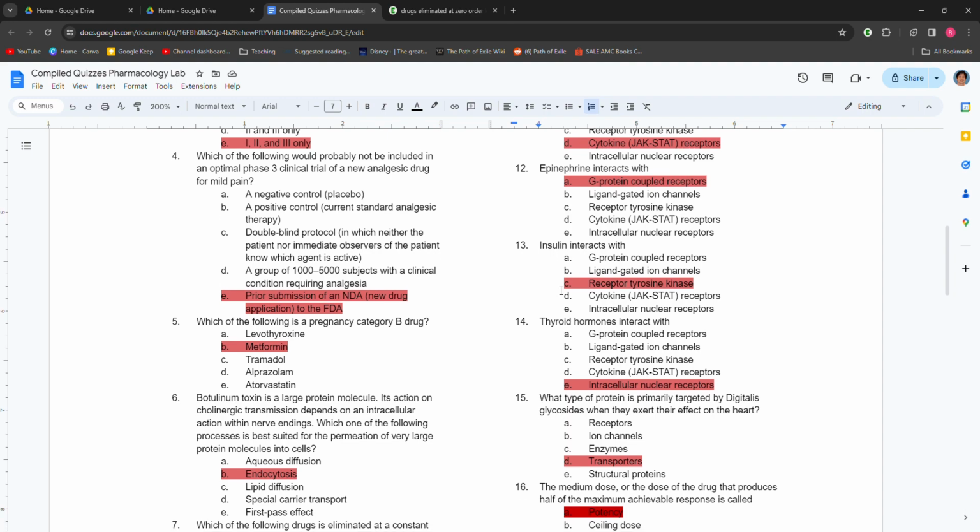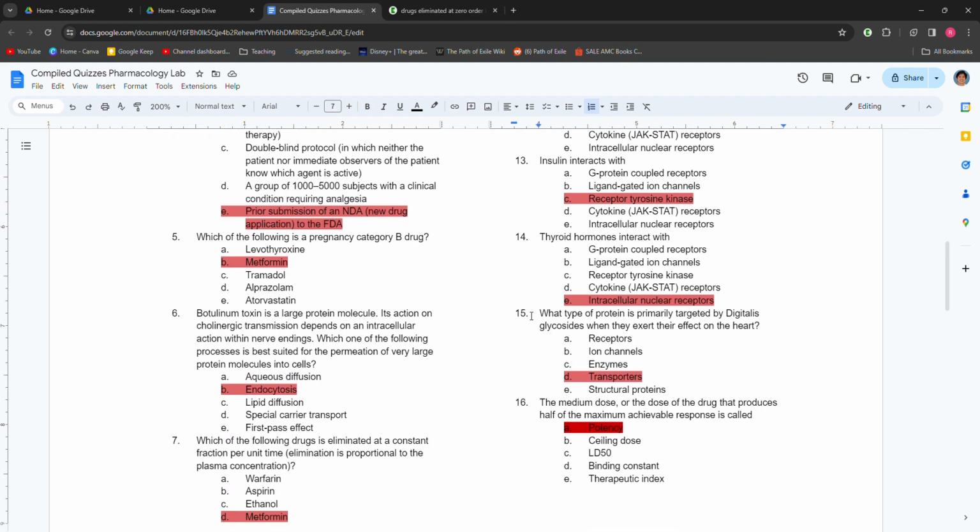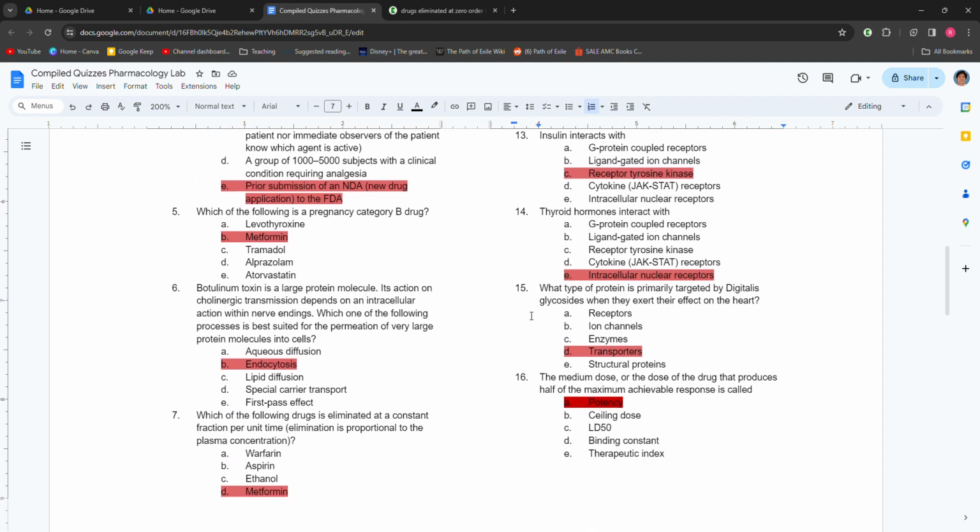So once it is phosphorylated, that in turn will activate tyrosine kinases intracellularly, and that will allow phosphorylation of a lot of intracellular proteins. Number 14, thyroid hormone uniquely has an intranuclear receptor even if it is an amino acid hormone. So the answer here is letter E.